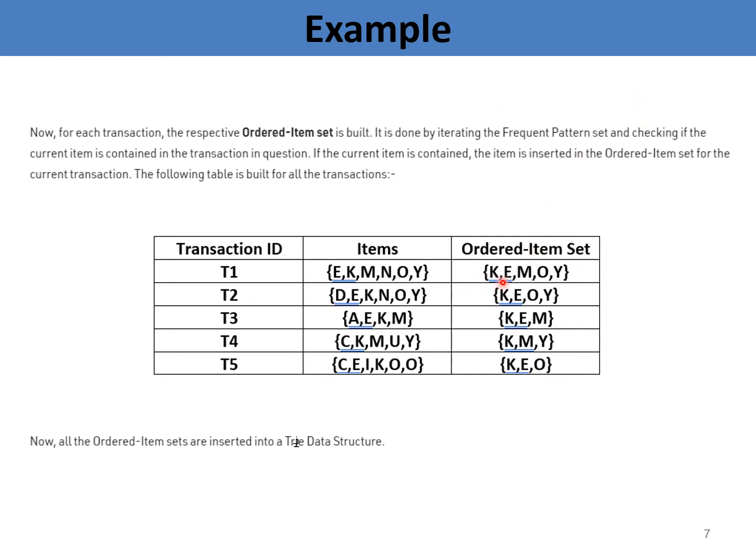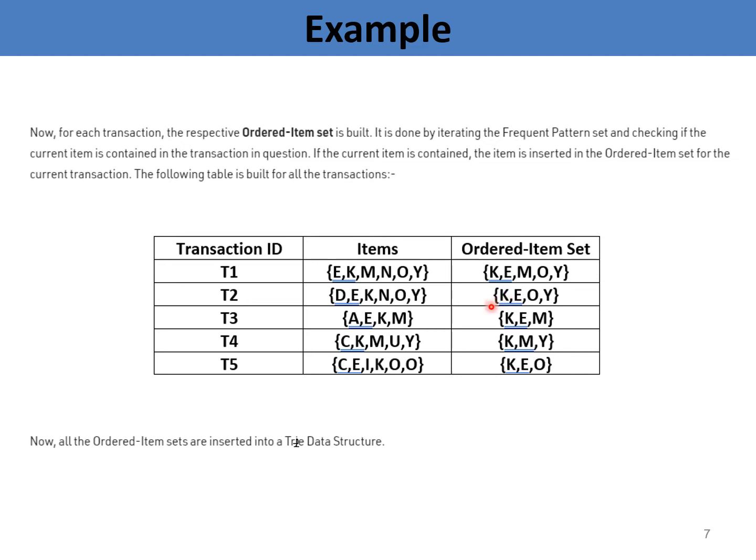K is present in these items, so we will mention K. After that, in the frequent pattern set, E comes. E is present here, so we will follow the order as mentioned in the previous slide: K, E, then M is present here, so M, then O is present here, so O, and then Y is present here, so we will mention Y. Now again we will follow the same order, sorted in descending order.